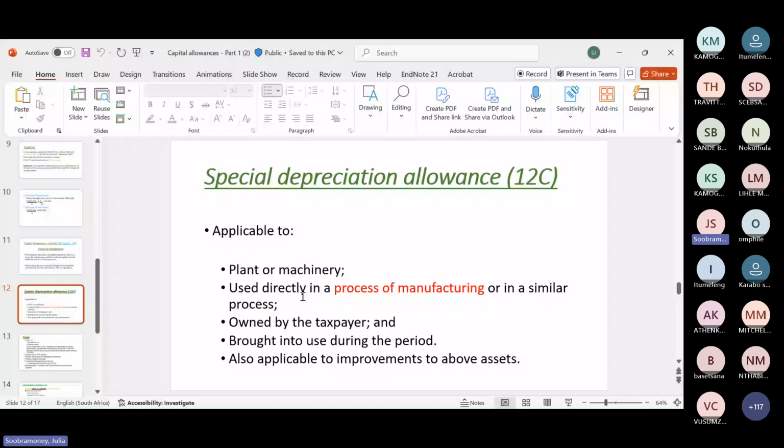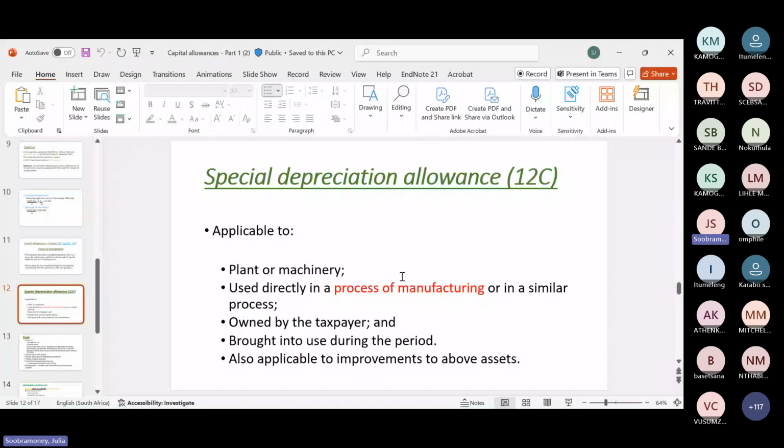So what is different here compared to 11E? There's one difference. These assets will always be used in the process of manufacturing. Okay. So I'm not going to ask you the requirement. You need to know these requirements to determine, am I dealing with a Section 12C asset or Section 11E? Section 12C, why? Process of manufacturing, plant or machinery.